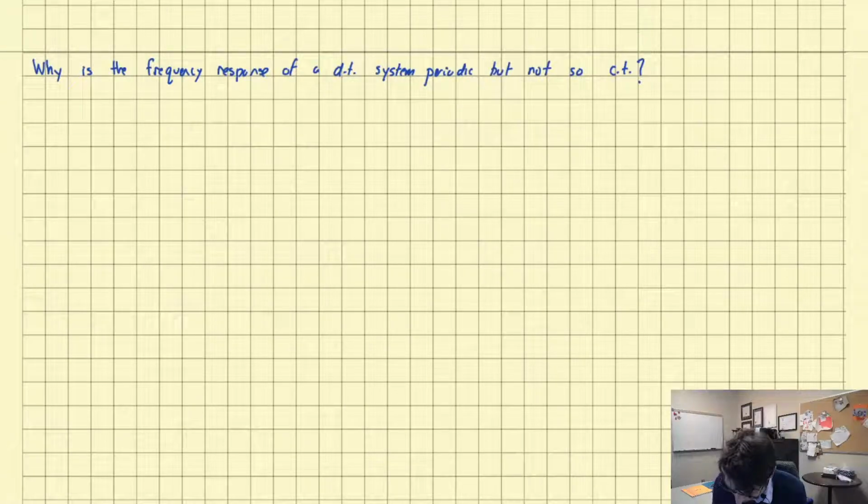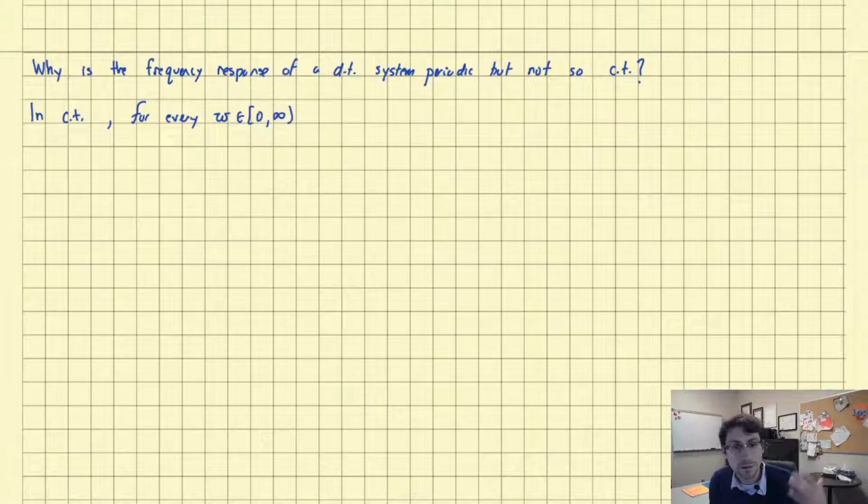Well, in continuous time, for every frequency you pick of your sinusoid, cos omega t is a distinct signal.